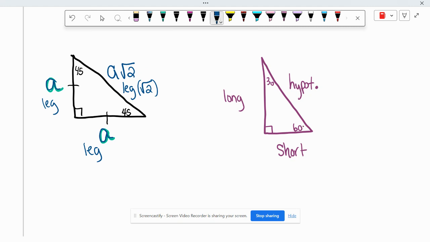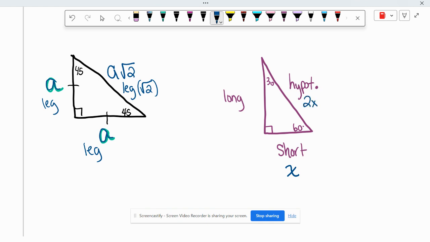Well, if the short leg is called X, how do I find the hypotenuse? The hypotenuse is what compared to the short leg? Look at your rule. If you know the short leg, what do we do to it to find the hypotenuse? Multiply by what? 2. So 2 times X.